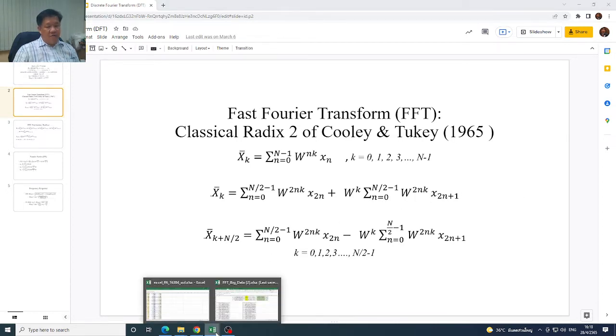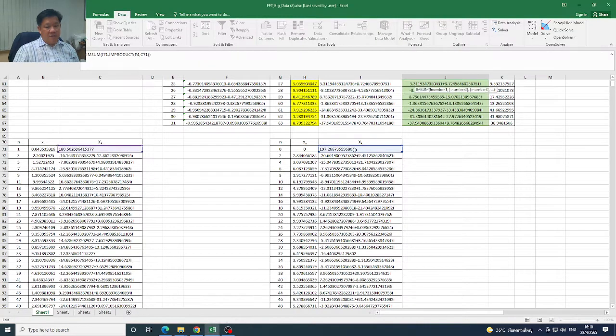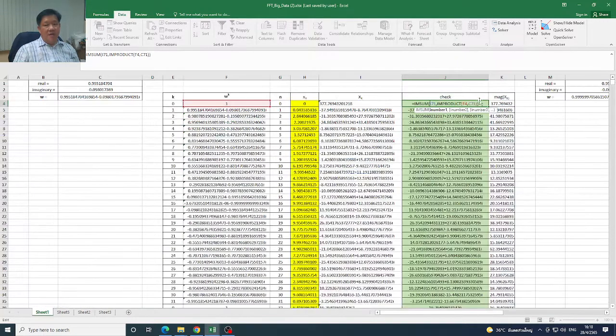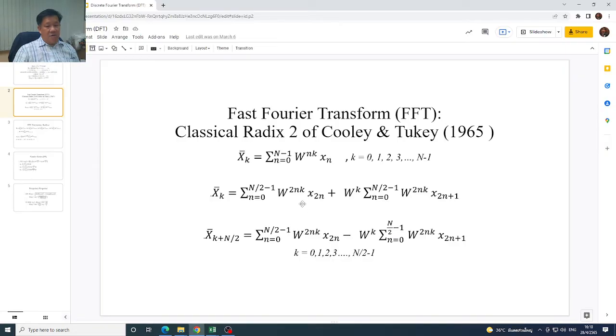So once you know this, you start from here. This is from I71, this one is for C71, and then you apply it using Excel according to this formula. This one you just plus together. Remember that it is I71 plus W corresponding to the K, and this one is C71.